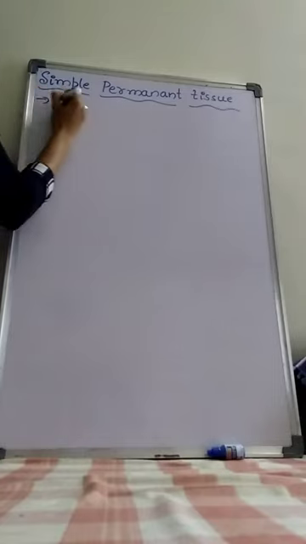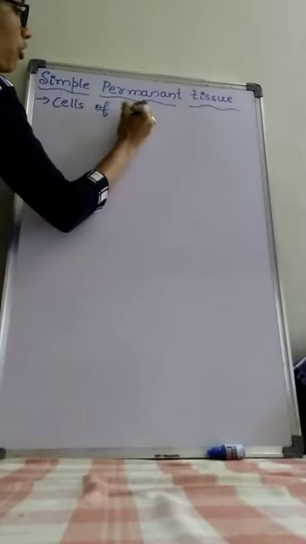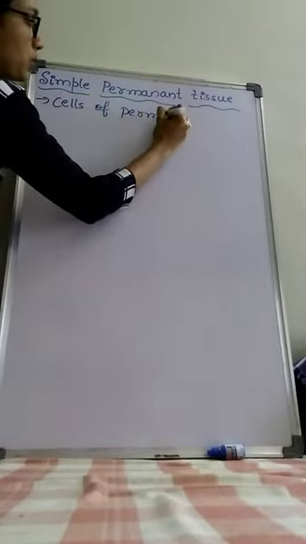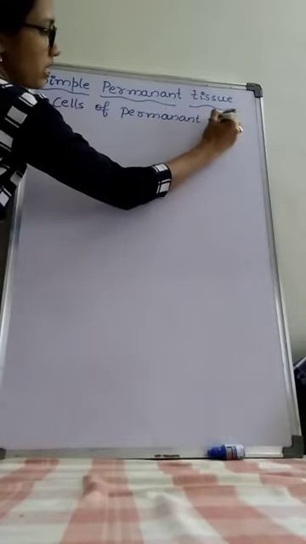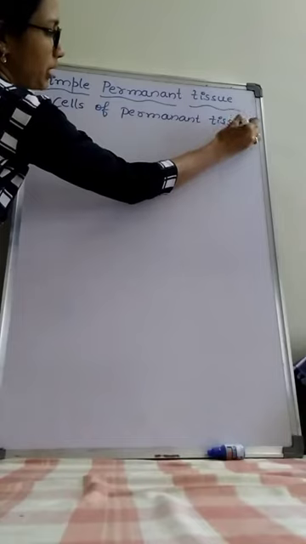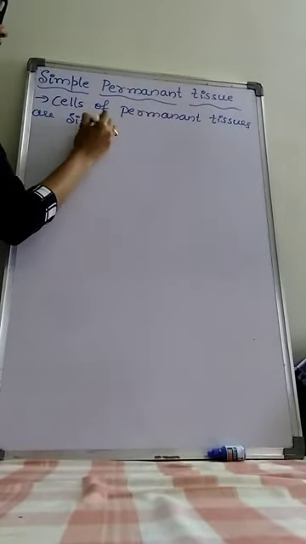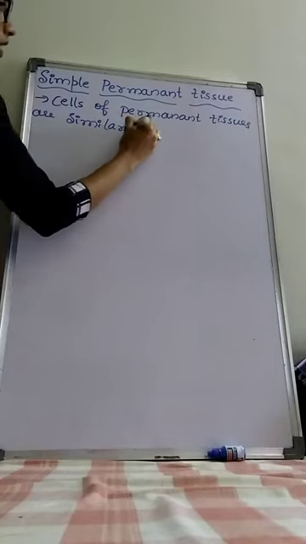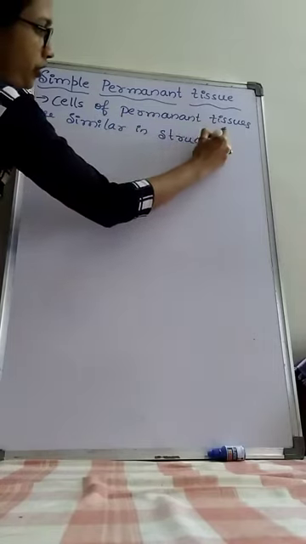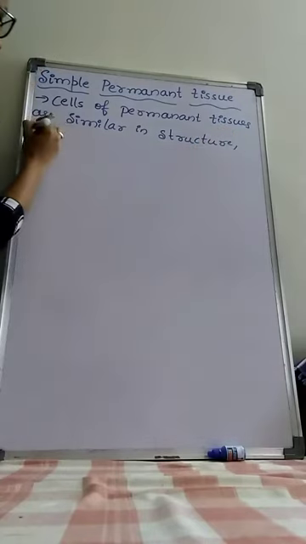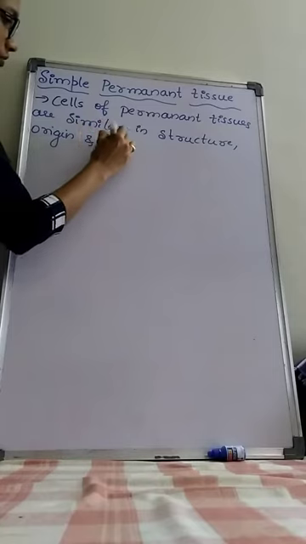Cells of permanent tissues are similar in structure, origin and function.